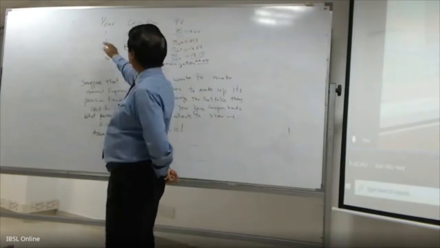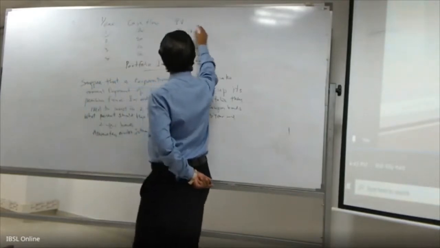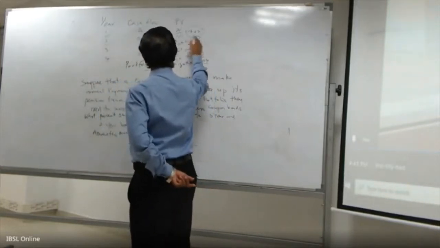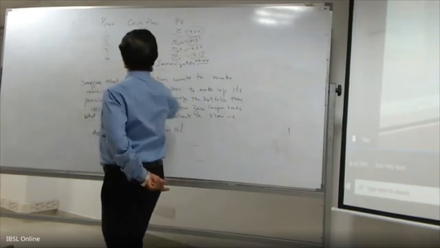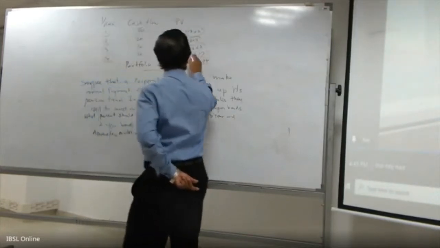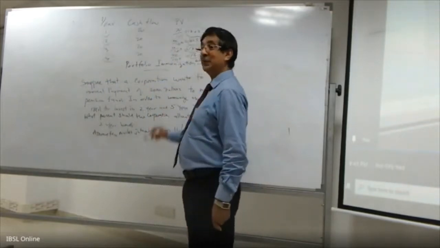Now, rather than going for weight, what we can do is 1 into 18.6, 2 into 16.2, 3 into 14.62, 4 into 13.17, divided by 62.0.